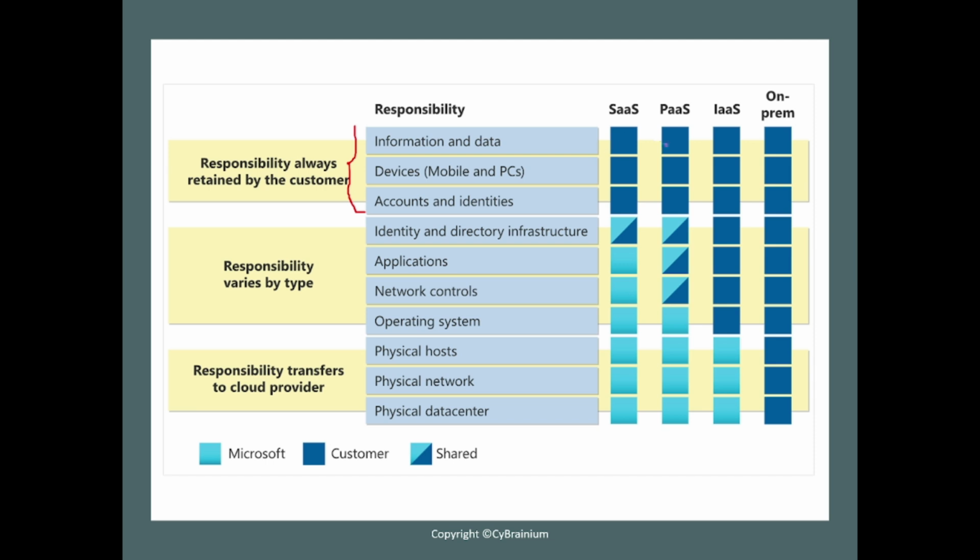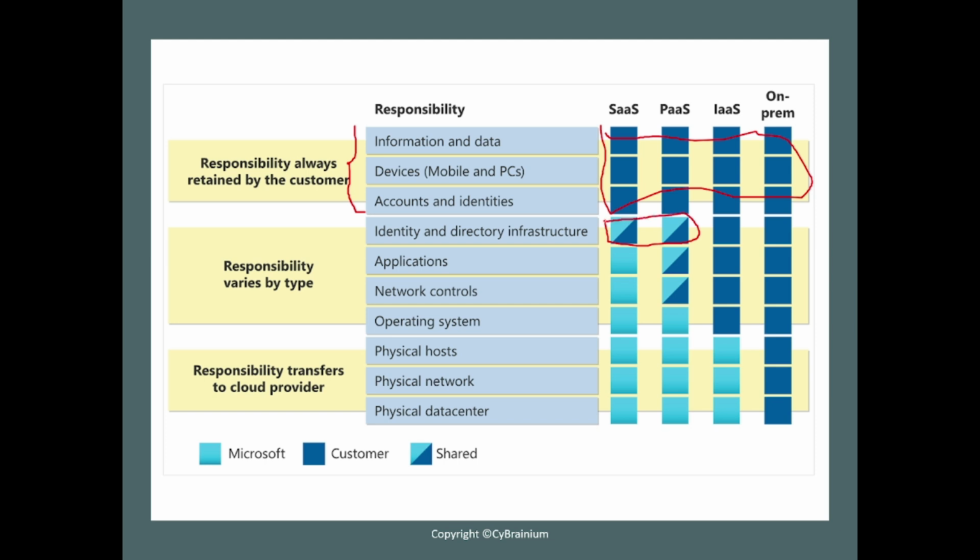In SaaS, PaaS, IaaS, and on-prem, on-prem is all taken care of by the customer. The half-filled parts mean it's shared, and the light blue is Microsoft's. The responsibilities like identity and directory infrastructure, application, network controls, and operating system are shared for SaaS and PaaS.